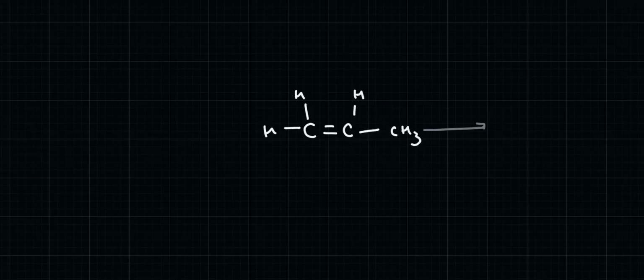So for example, the carbon-carbon double bond is right here. Okay, I'm making it asymmetric. If I add here HBr, what would I get? If I add here HBr, I would get CH3CHBrCH3.